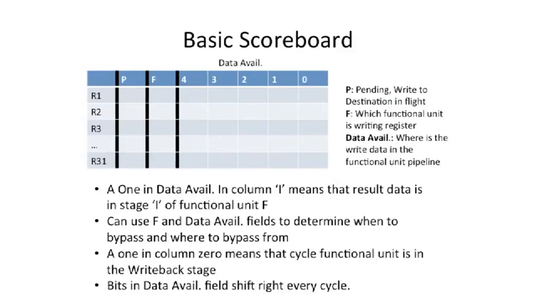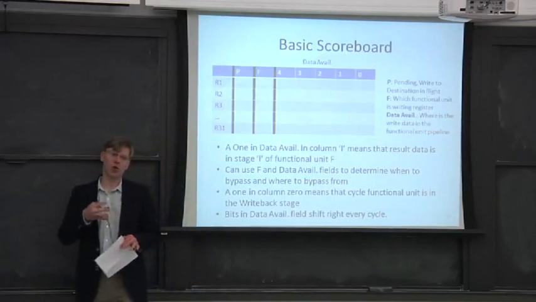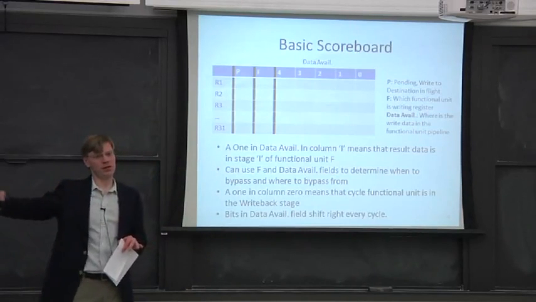F, or functional unit, keeps track of which of the 3 functional units we should be going to pick off the value from. So this is important when we go to do the bypass calculation. And then we're going to have a shift register for each register, if you will, where we're going to inject a bit, and every cycle we're going to clock it forward.